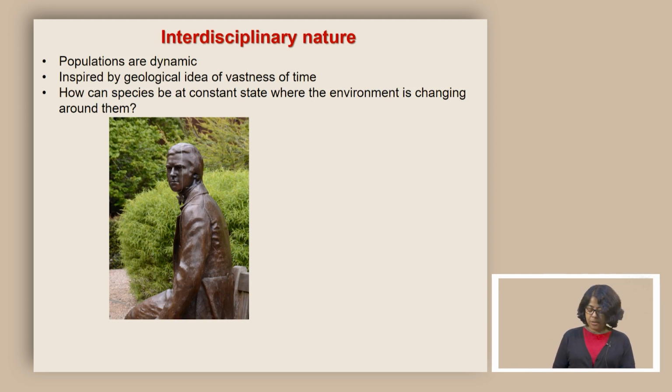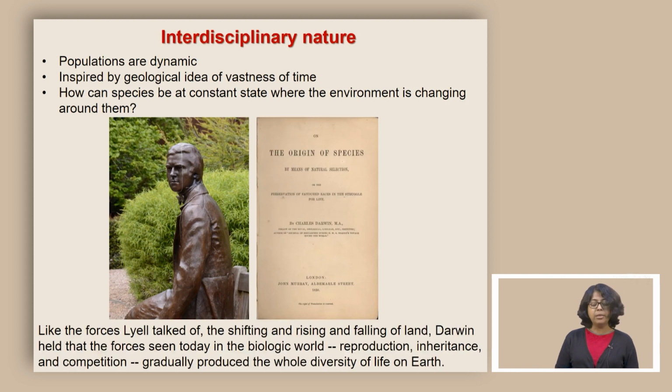This young person was Darwin, and he used this idea like the forces Lyell talked about, the shifting and rising and falling of land. Darwin held that the forces seen today in the biological world, reproduction, inheritance and competition, gradually produce the whole diversity of life on the earth.